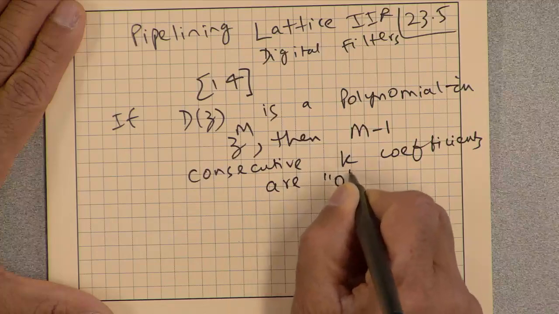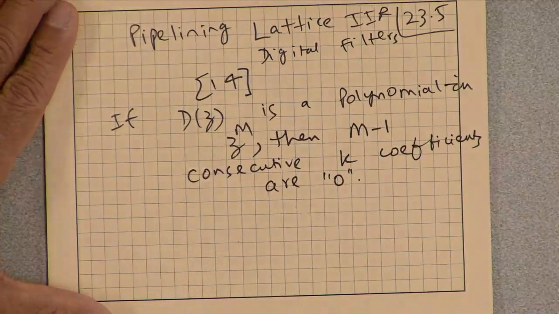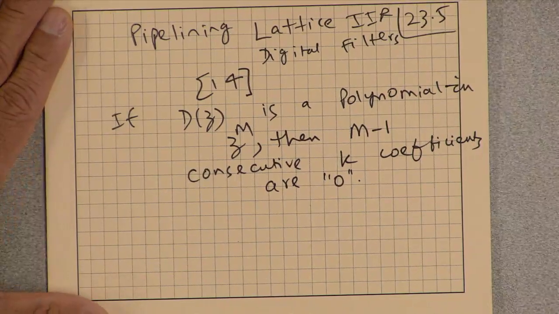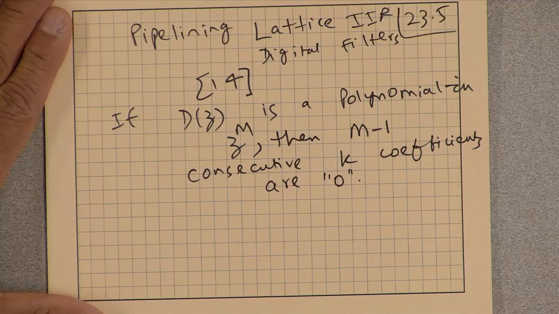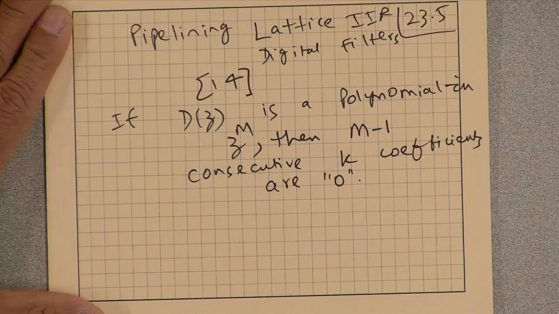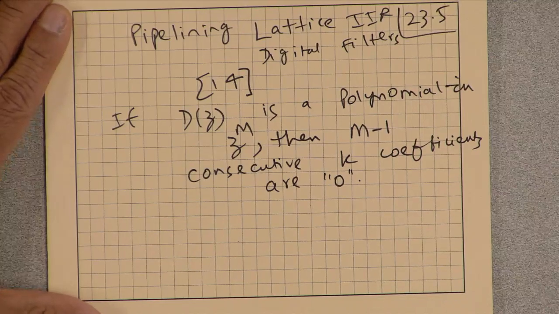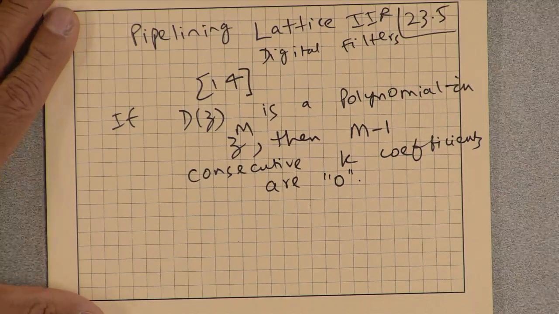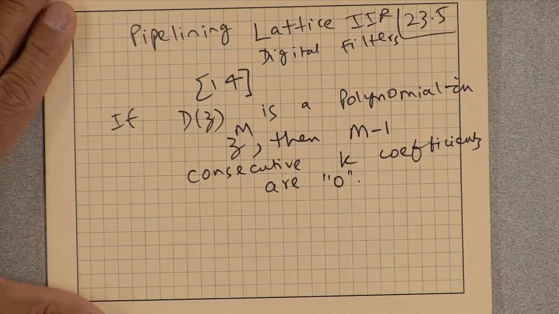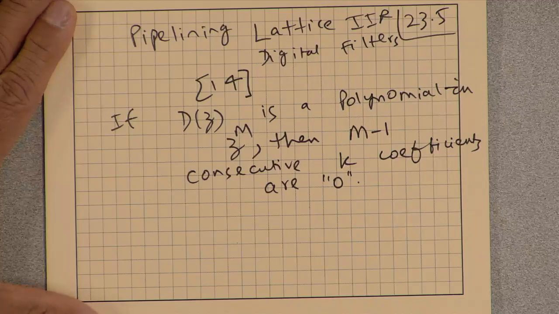That's the key observation that he made, and very impressive. I certainly didn't expect him to work this out so quickly. Once we make that observation, we can see how easy it is to pipeline lattice digital filters. So let's talk about that observation, and then we'll talk about how to pipeline those structures.